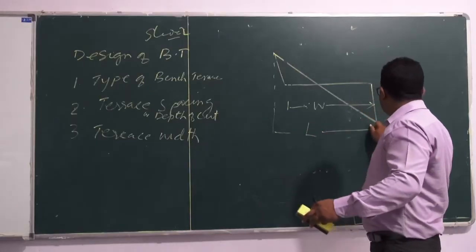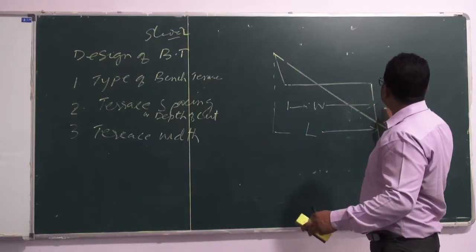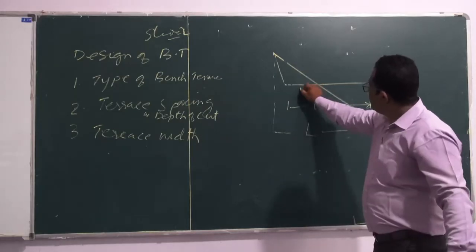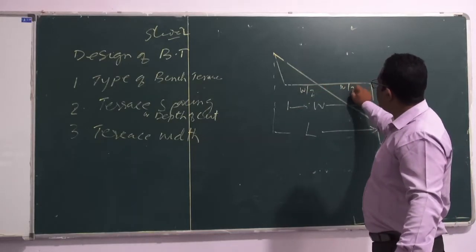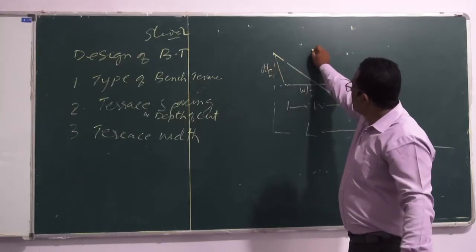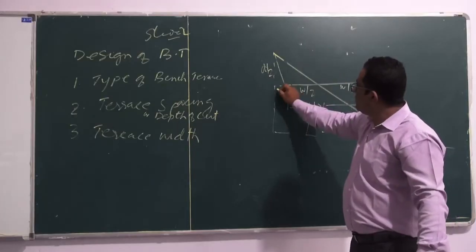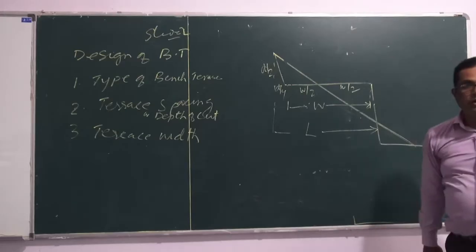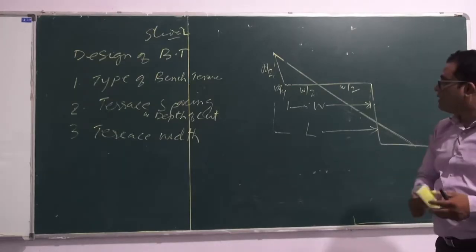Then this is your horizontal spacing. This will be W by 2, this will be W by 2, this is D by 2. If it is 1:1, it will be D by 2. If it is 1:2, it will be D by 4. I hope you are getting it.